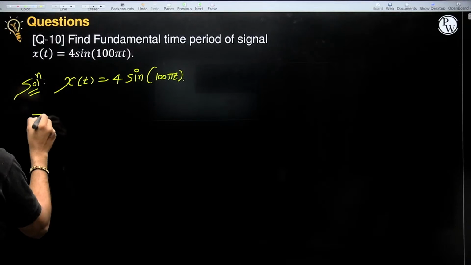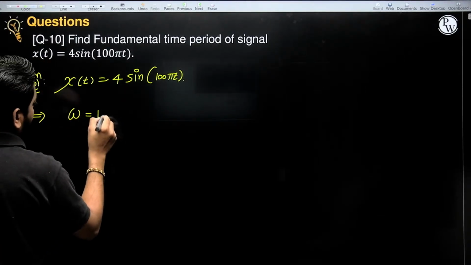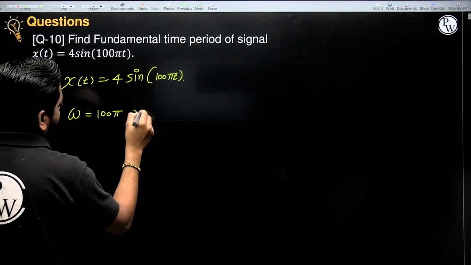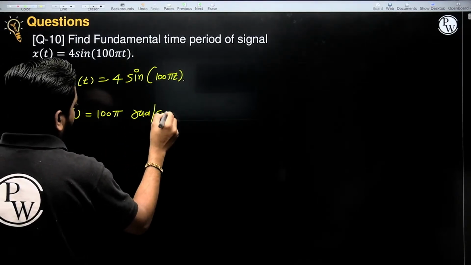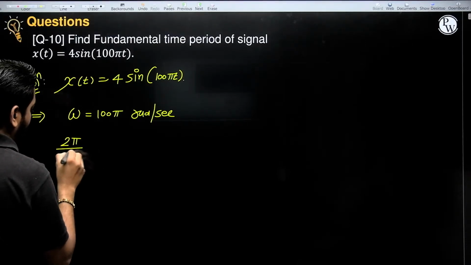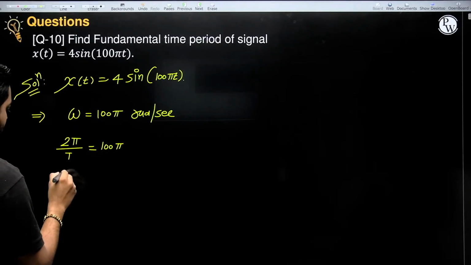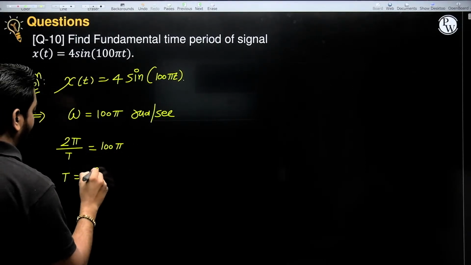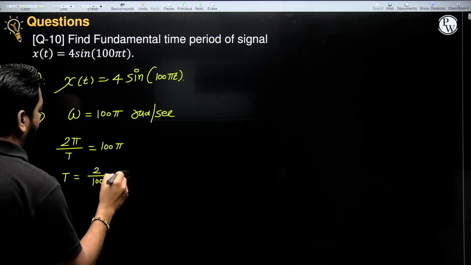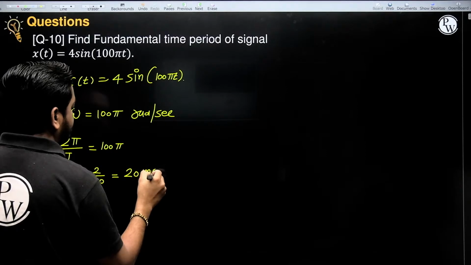If you compare with the standard format, omega is 100 pi radian per second. It is nothing but 2 pi by capital T equal to 100 pi. So T is equal to 2 by 100, nothing but 20 milliseconds.